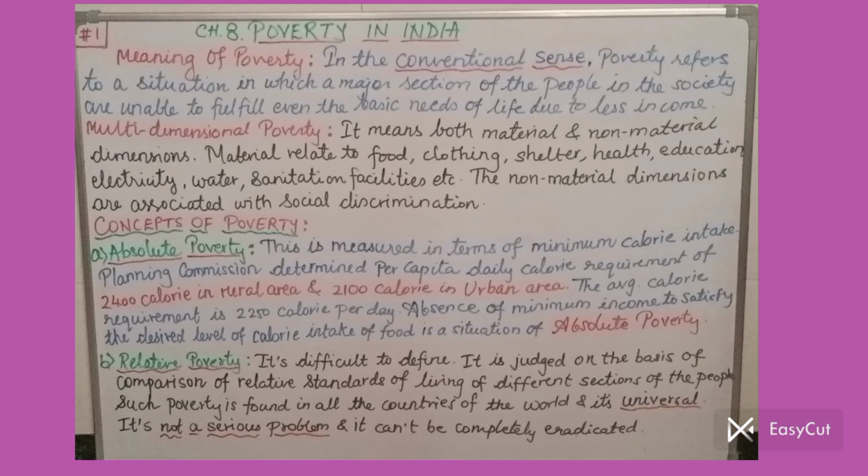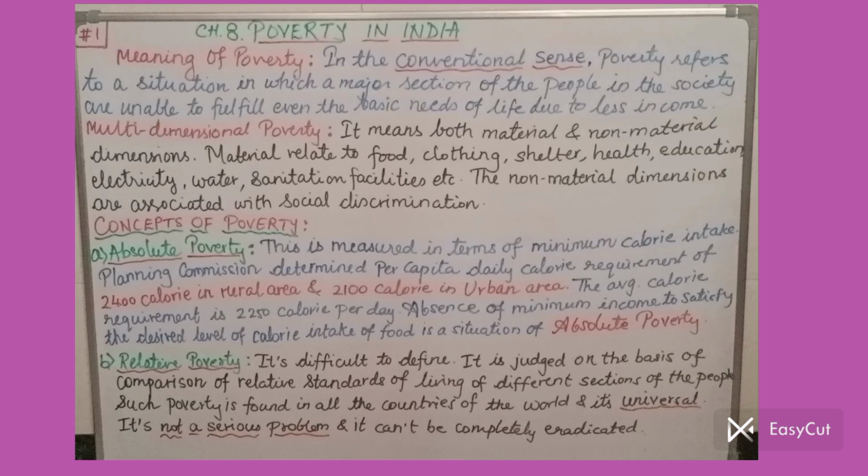So that's why there is a calorie intake difference. I repeat and explain in short. Absolute poverty: if a person is unable to earn enough income to take the food intake that provides 2400 calories in rural areas and 2100 calories in urban areas, that means the person is living in absolute poverty.